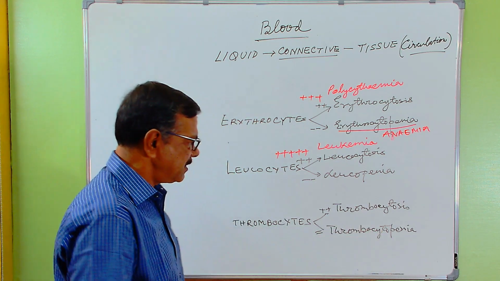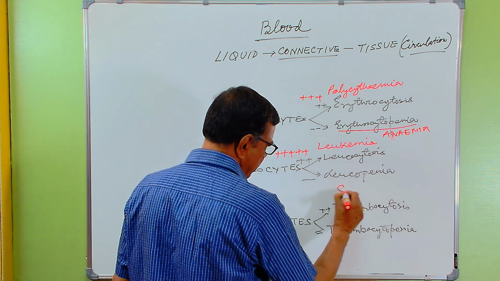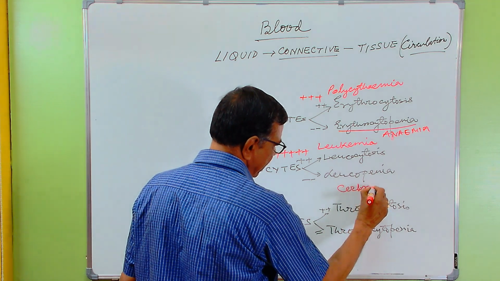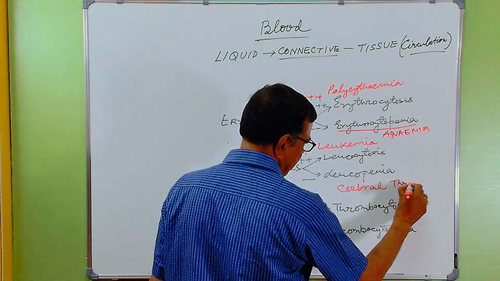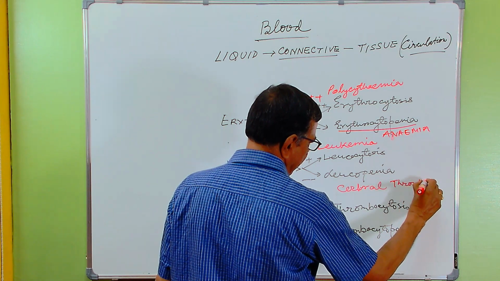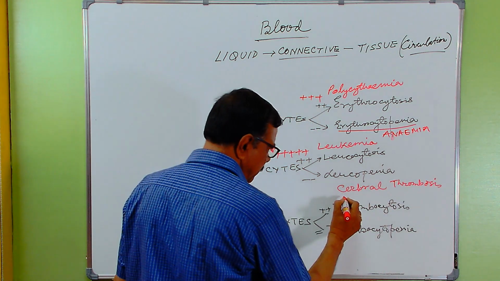And thrombocytosis, you have come across two words: cerebral thrombosis, then cardiac thrombosis.